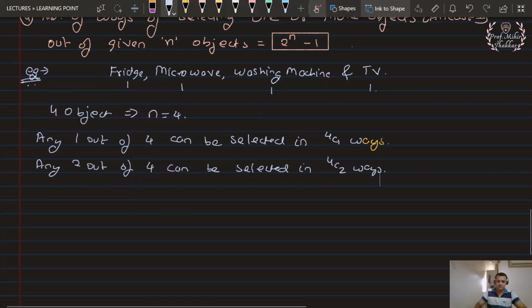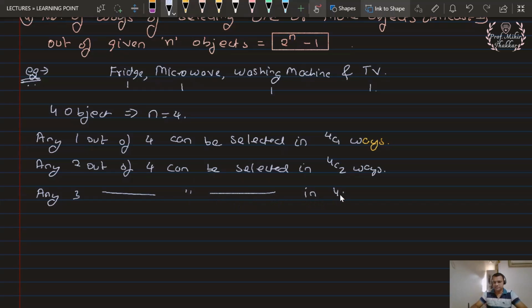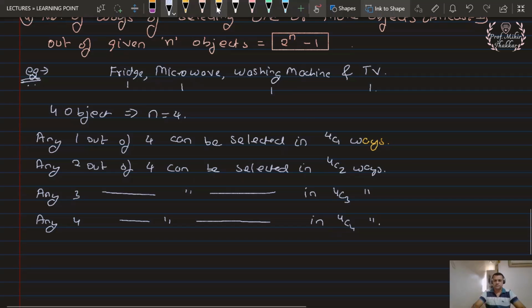Similarly, any 3 out of 4 can be selected in 4C3 ways, and for the last, all 4 together can be selected in 4C4 ways. So I have to select 1 or 2 or 3 or all the 4.